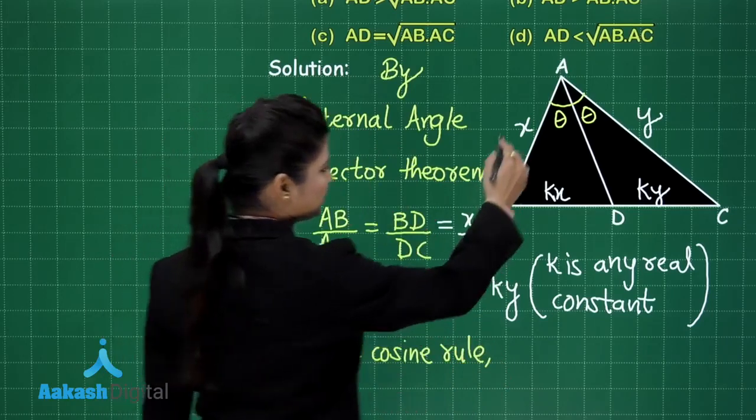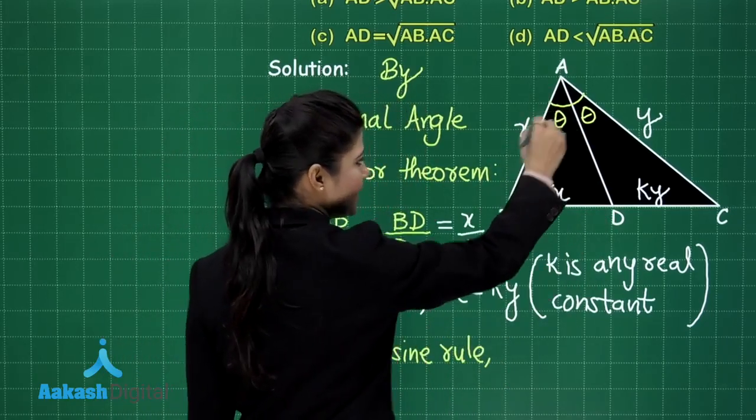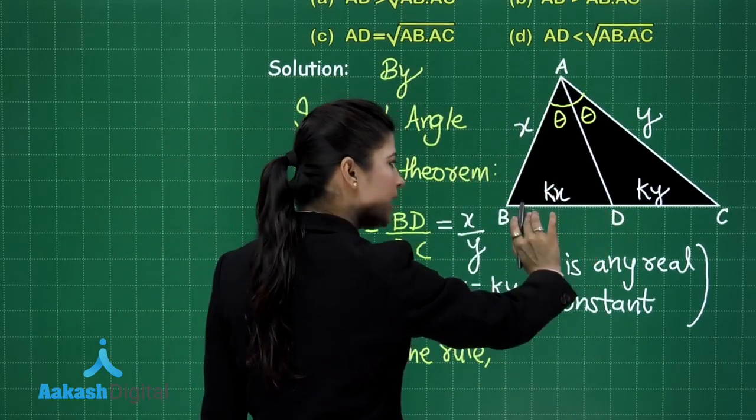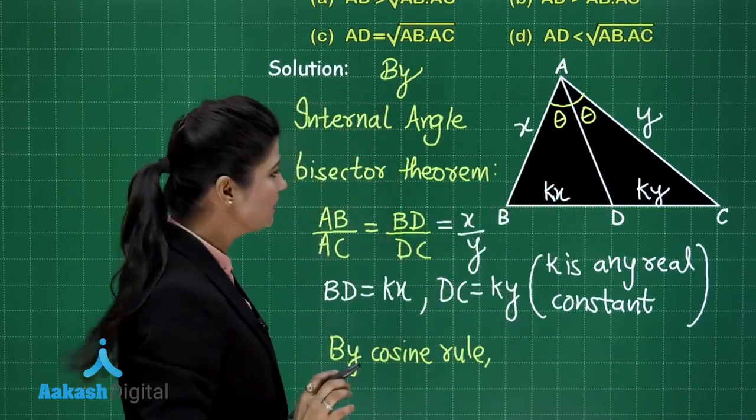By the cosine rule, firstly I'll take up triangle BAD. Here cos theta will be equal to x square plus AD square minus kx whole square, whole upon 2 times x into AD.